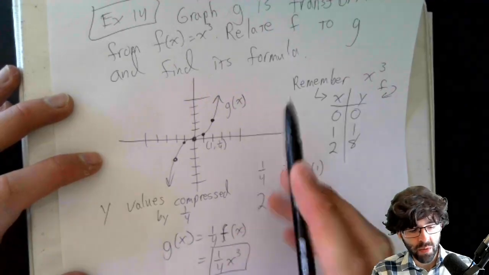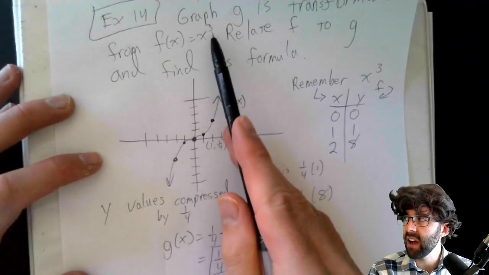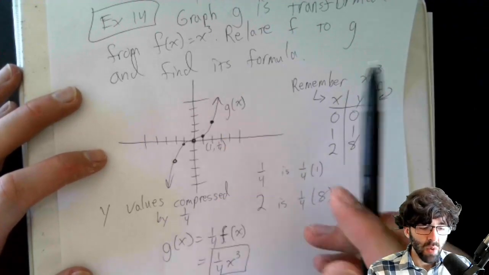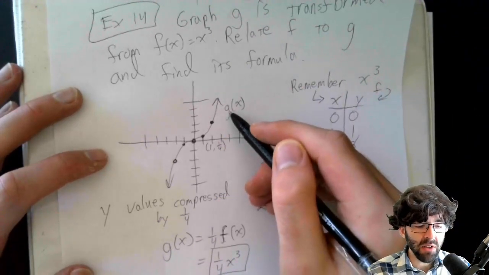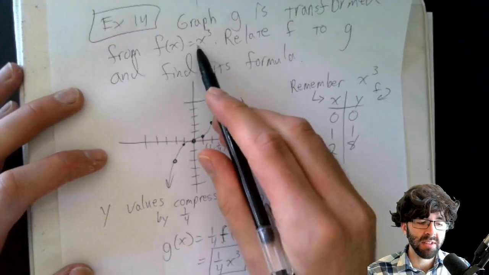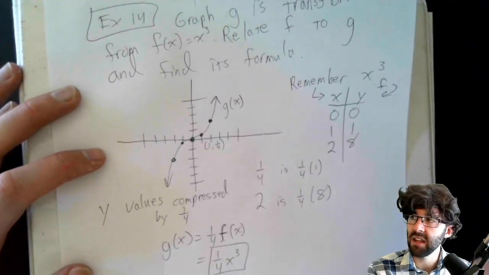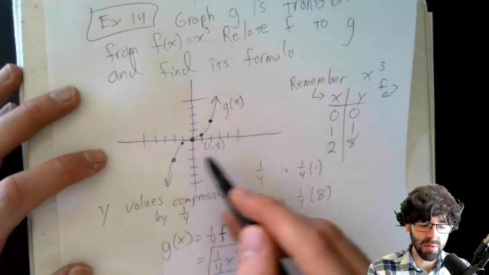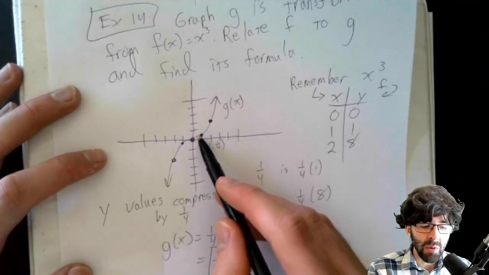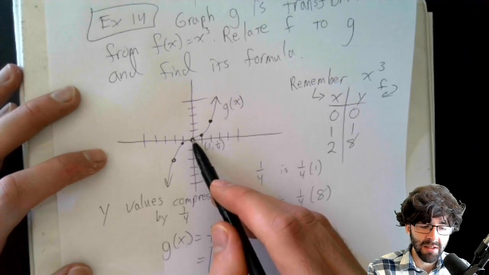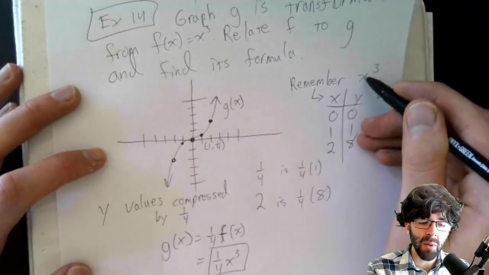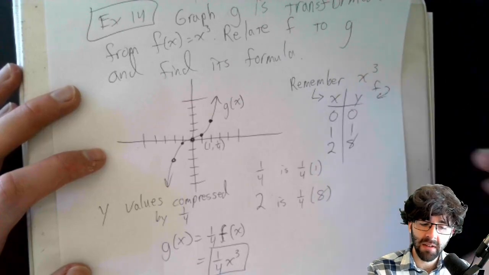Okay, so let's go back to what we were asked first. We were asked, how does g relate to our standard toolkit function x cubed? This was given to us. This graph was part of the problem. And we needed to know how this relates to x cubed. So what I said is, let's think about what x cubed looks like.